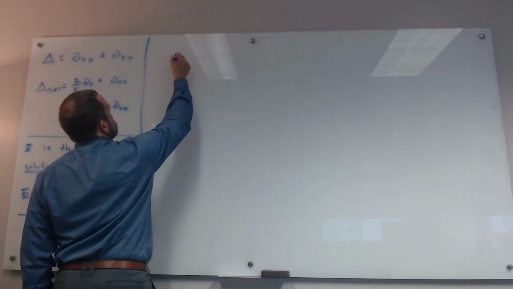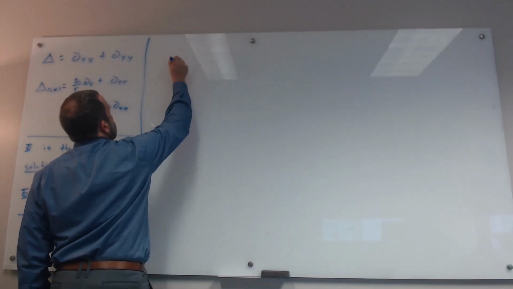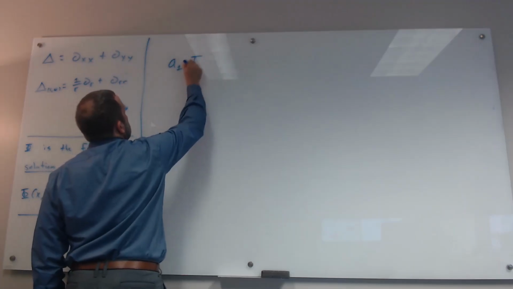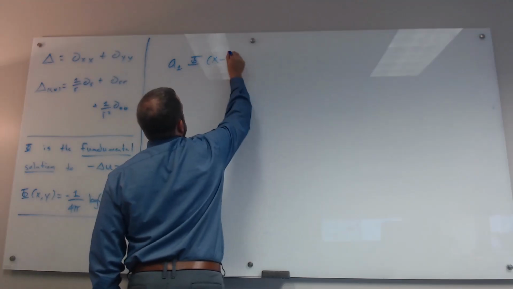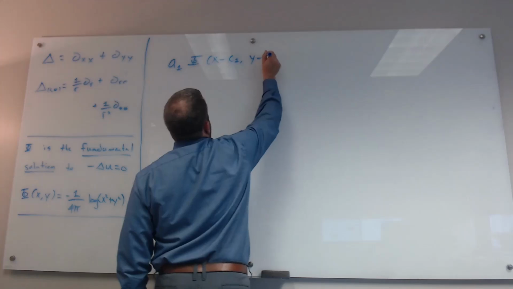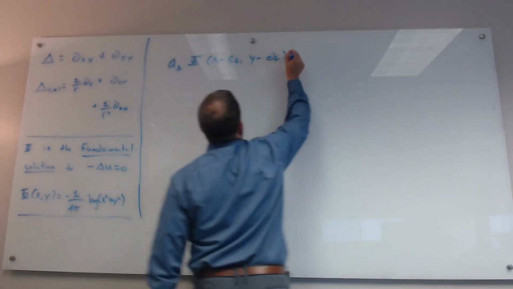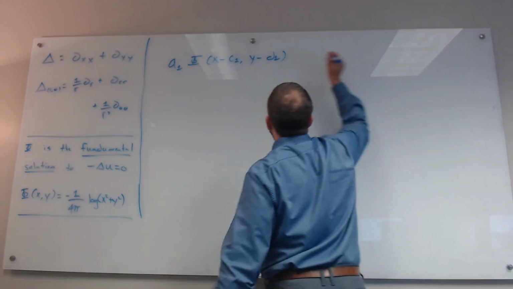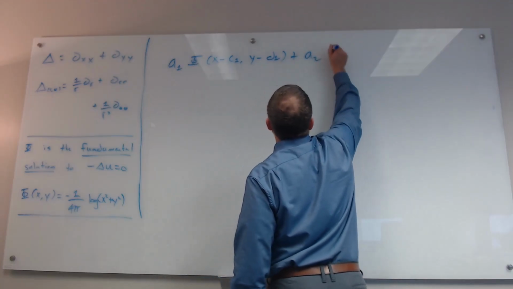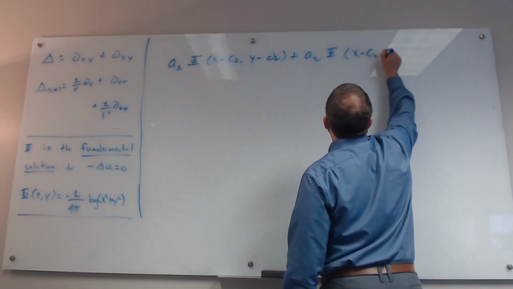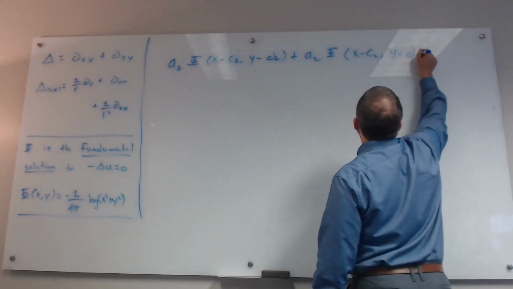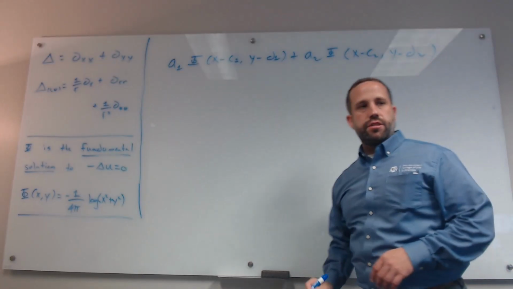And if we look at sums like this, something like A1 times phi of x minus some point C1, y minus some point D1, where C1 and D1 are just two generic numbers, plus A2 phi of x minus C2, y minus D2. These are going to be solutions to Laplace's equation, aside of course from where there's a zero in either one of them where it's not defined.